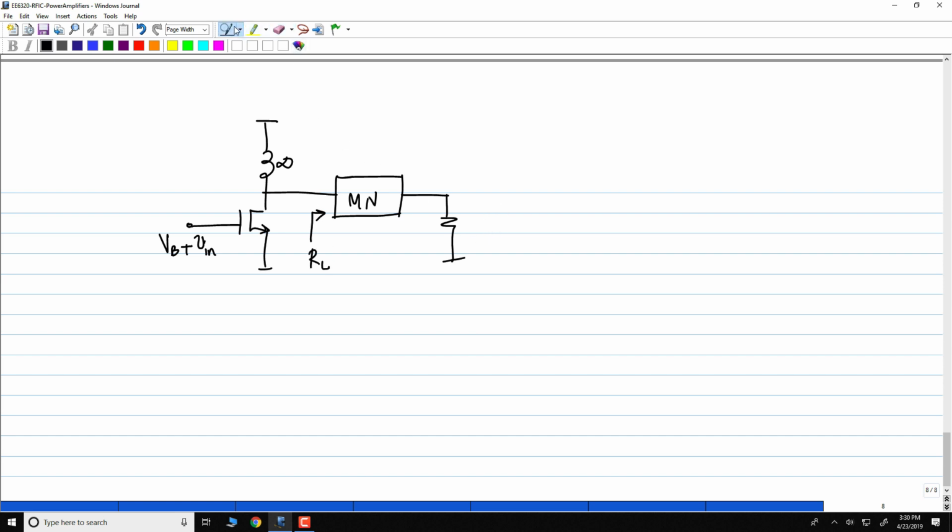This is 50 ohms. I could match 50 ohms down to, let's say, 12.5 ohms. If I match 50 ohms down to 12.5 ohms, how much power will you get? More? You will get 4 times the power. Instead of 40 milliwatts, I can get 160 milliwatts.